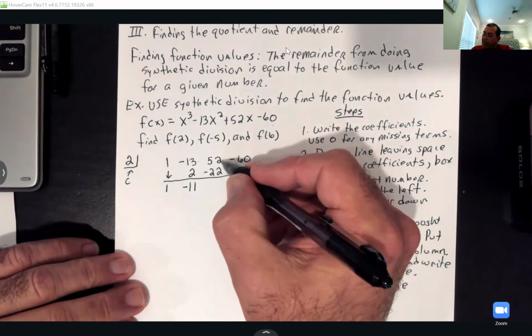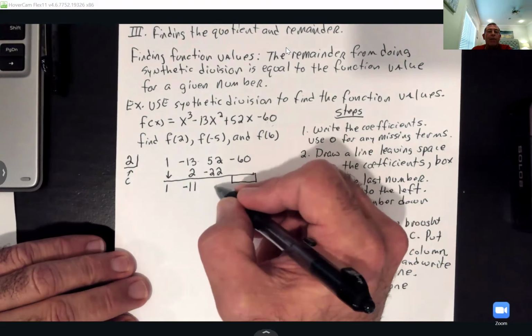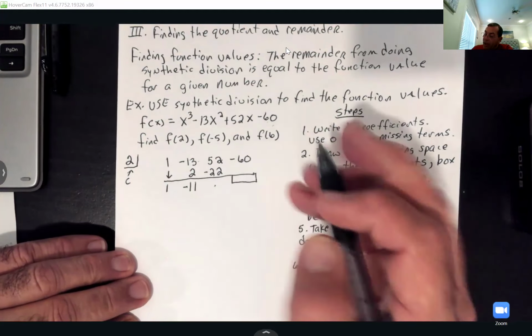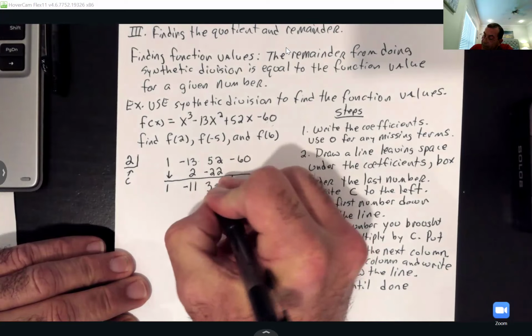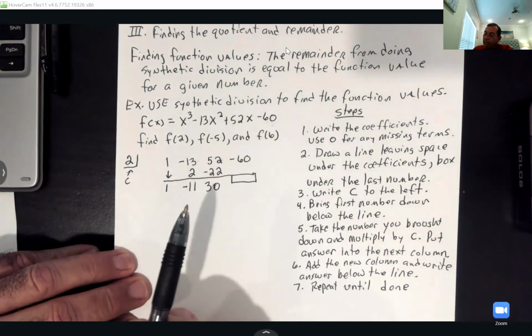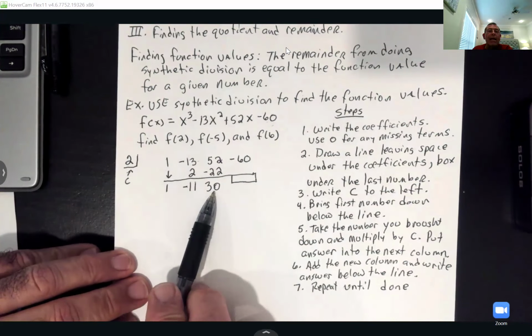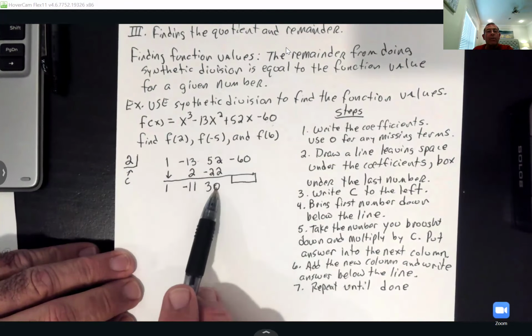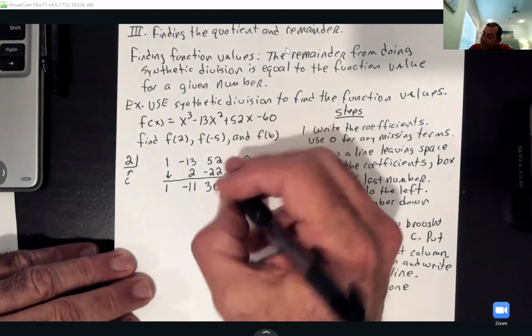We're going to see what a 52 and a negative 22 give us and bring that number below the line. So what's that? That's going to give us what, 30? So now that 30 is below the line, I'm going to multiply by 2 and bring it to the next column. So 30 times 2 is 60.